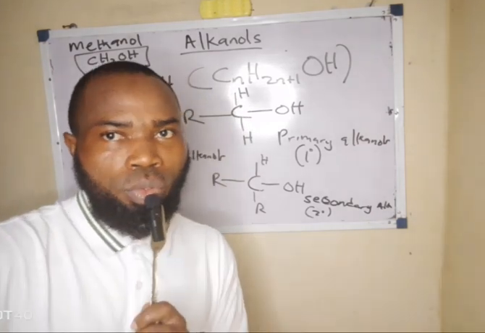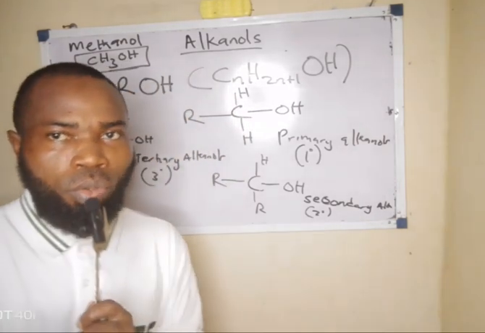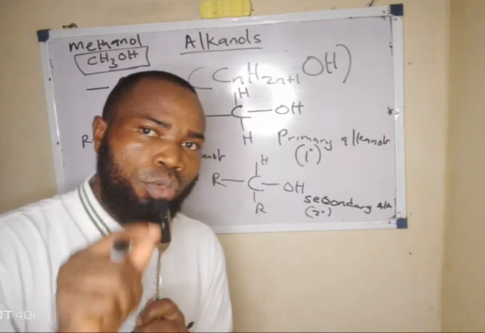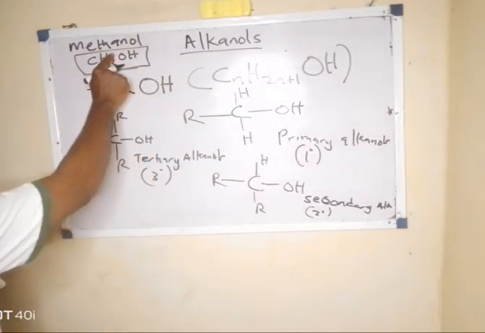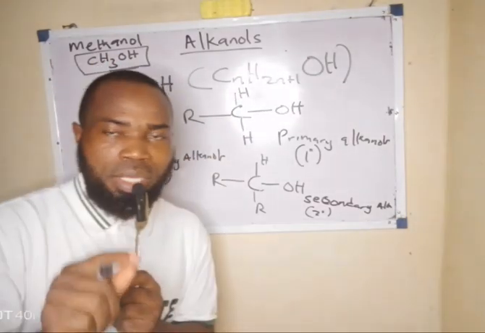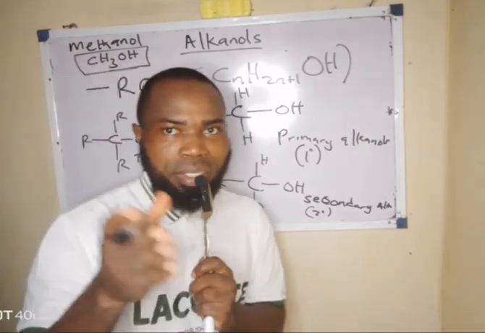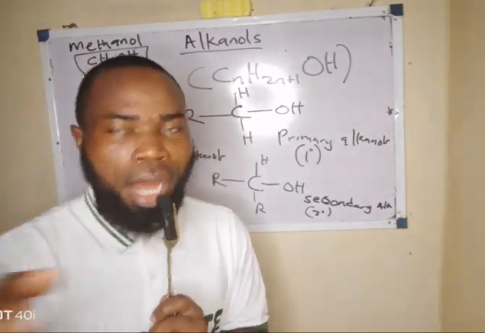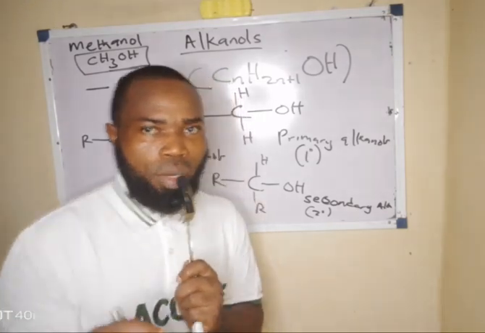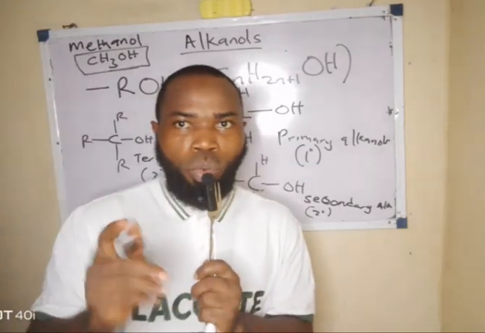Other alkanols can be used. For example, ethanol, which is known as grain alcohol, can be used as a preservative, but methanol cannot be used as a preservative because it's poisonous. It's a fundamental question they do ask in basic exams like JAMB and, of course, the WAEC examination. These are little points that you must know about alkanols.